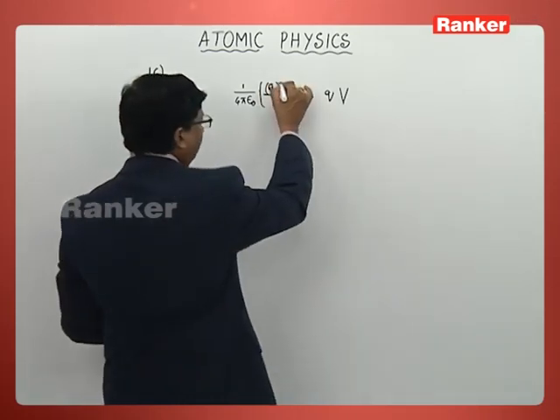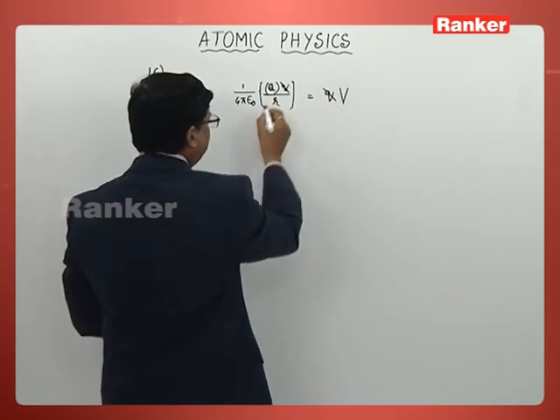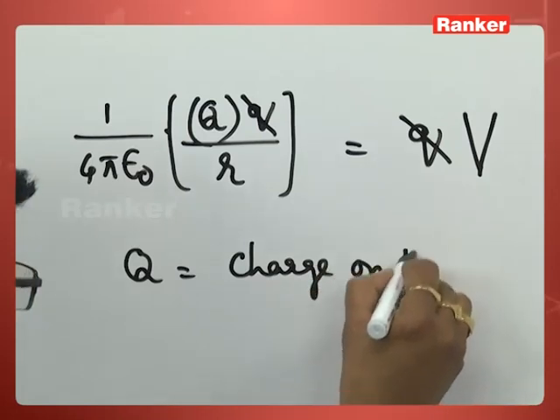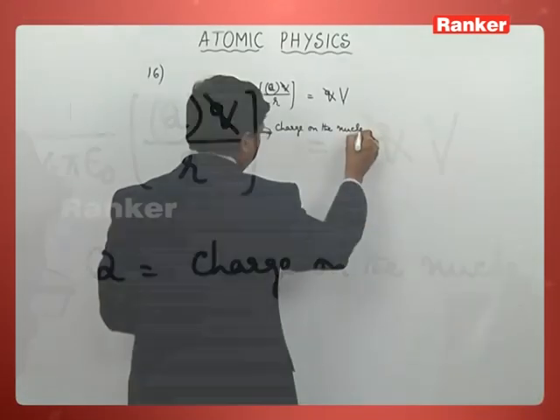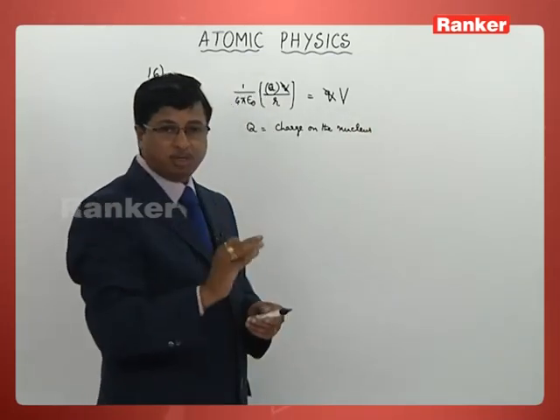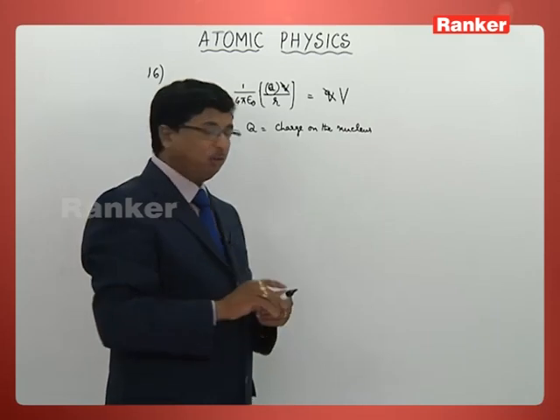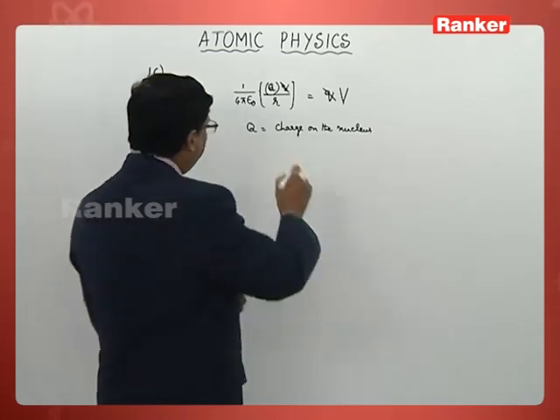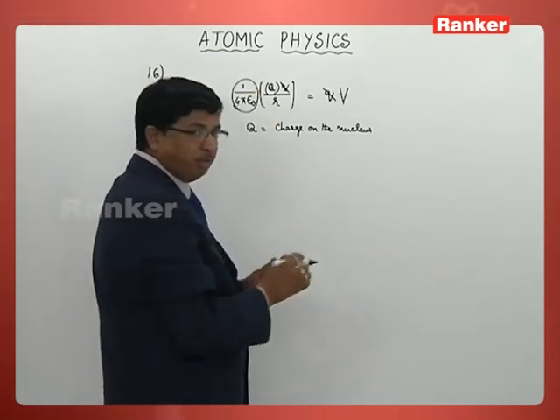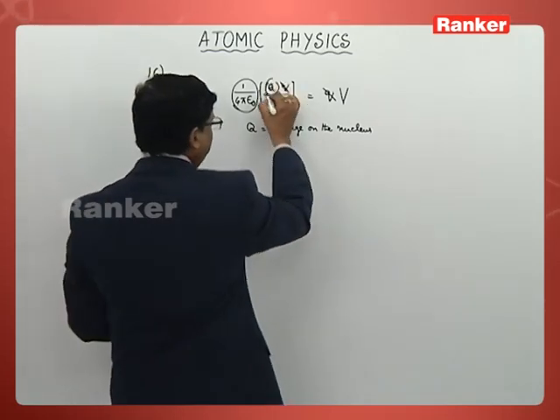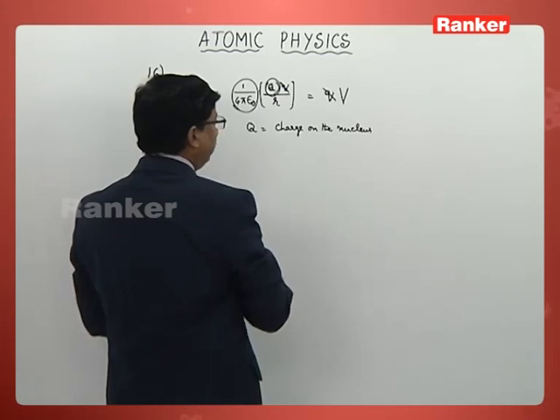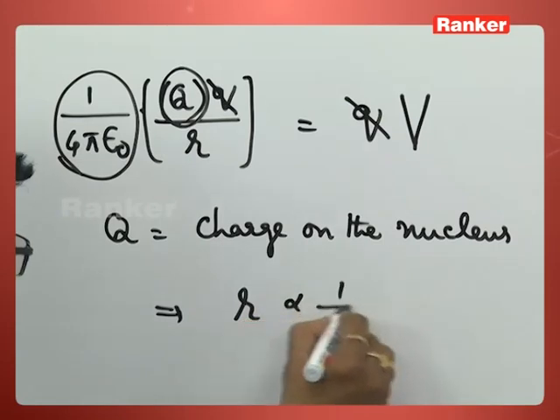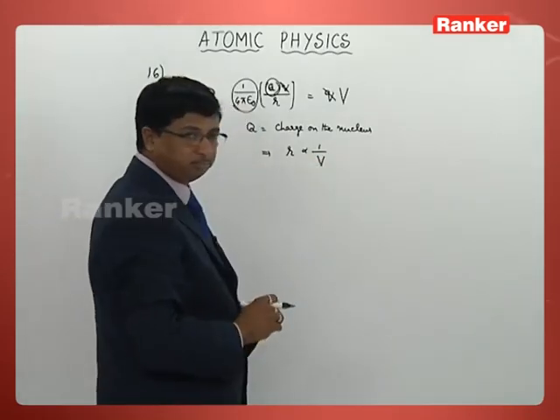So what we can understand, you look at now, q gets cancelled. What is this capital Q here? It is simply the charge on the nucleus onto which this particular charged particle has been bombarded. So Q is definitely constant as far as that nucleus is concerned, and 1 by 4 pi epsilon naught anyhow is a constant, we know. Then can't you write that the distance of closest approach is inversely proportional to the potential difference applied?